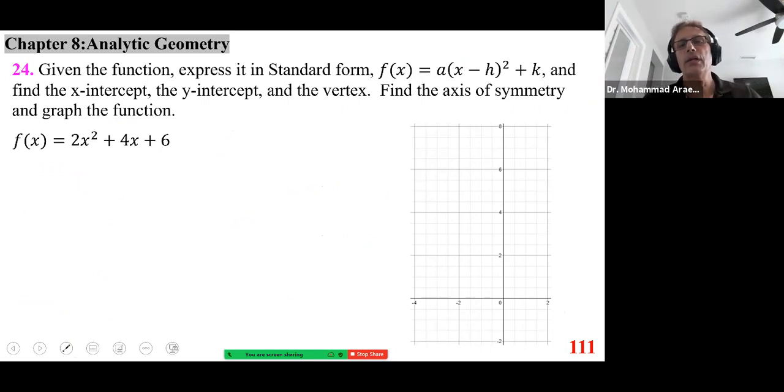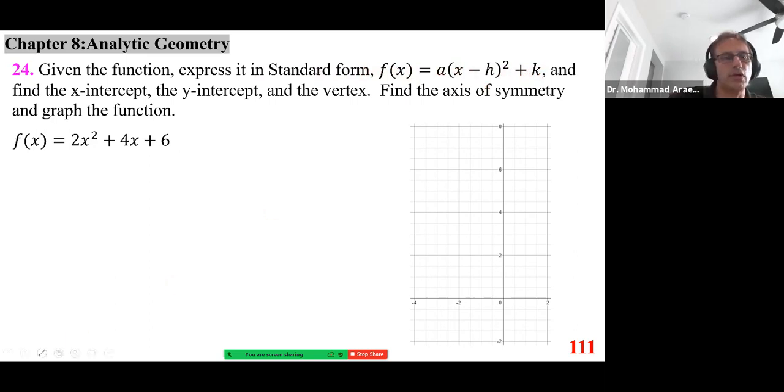Here's the function in standard form, and we want to find the x-intercept, the y-intercept, the vertex, axis of symmetry, and graph the function. Now, I call this the vertex format. Sometimes they call this standard form.